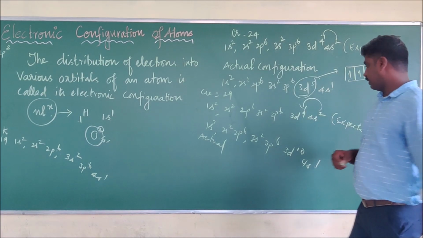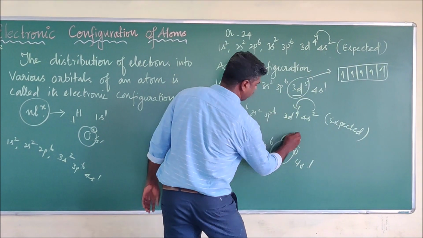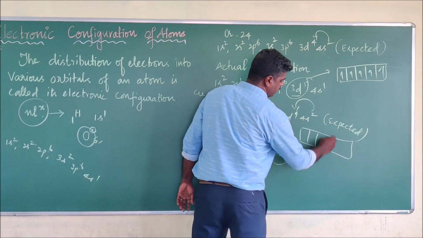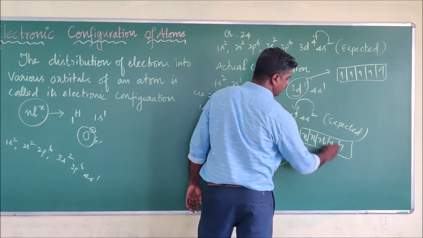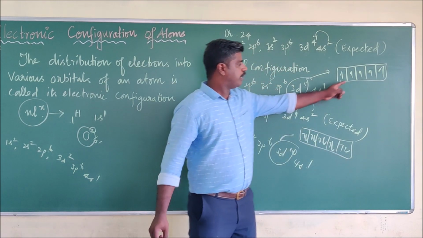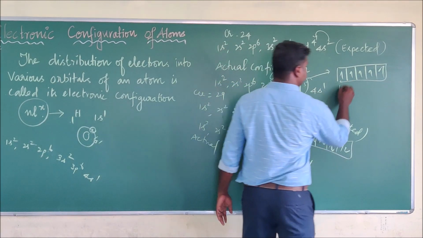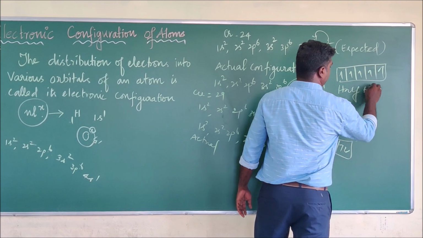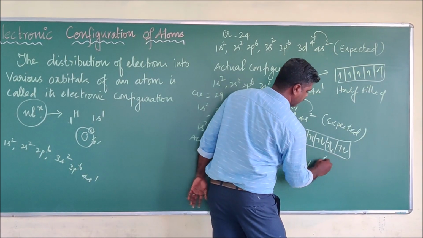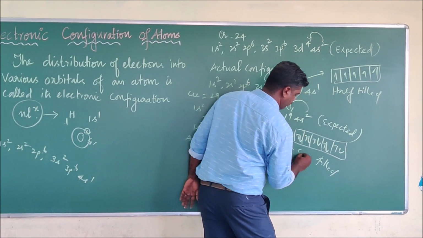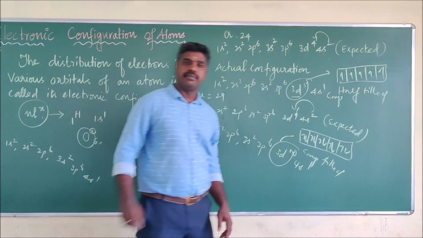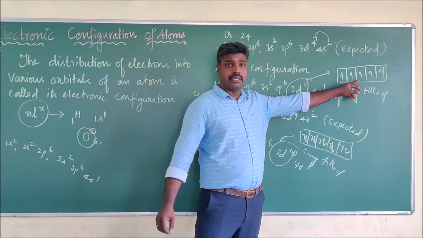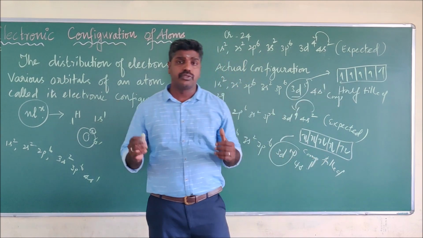Here, in the d orbital also, how many electrons are there? 10 electrons: 1, 2, 3, 4, 5, 6, 7, 8, 9, 10. So this is completely half-filled and this is completely filled. Completely half-filled and completely filled orbitals are more stable.